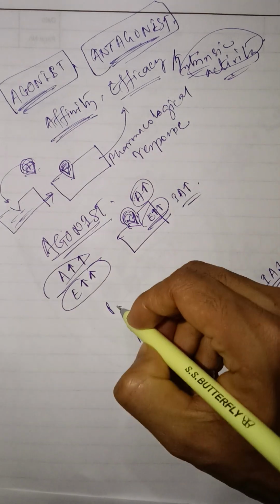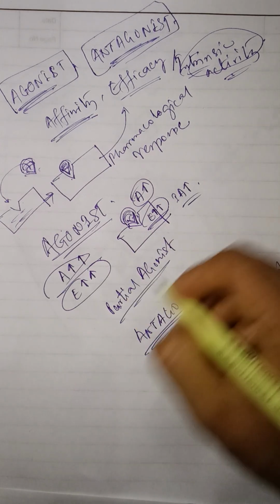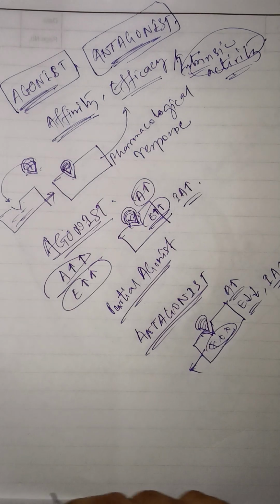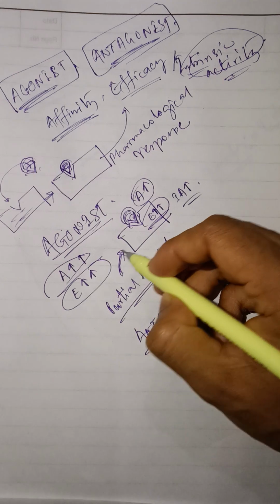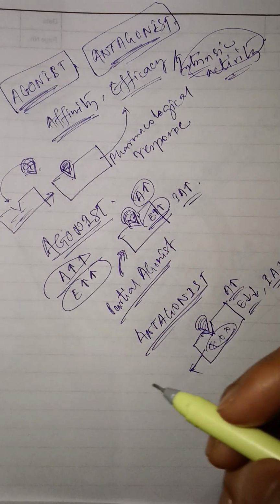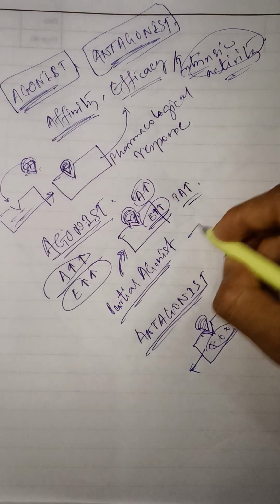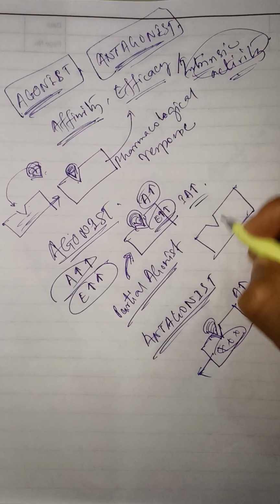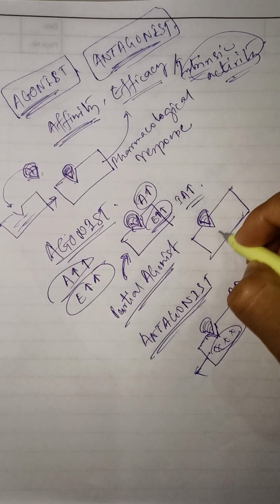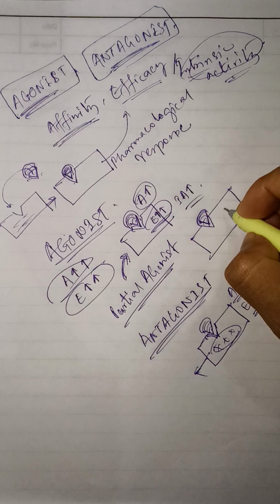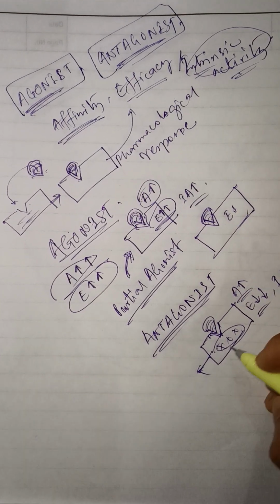In between these two, agonist and antagonist, we get another, called a partial agonist. So what are partial agonists? A partial agonist has affinity almost equal to, or a little bit less than, that of an agonist, but it has less intrinsic activity. That means it will have almost the same or a little less affinity to bind to the receptor, but a little less efficacy, not so much less that it will act as an antagonist.